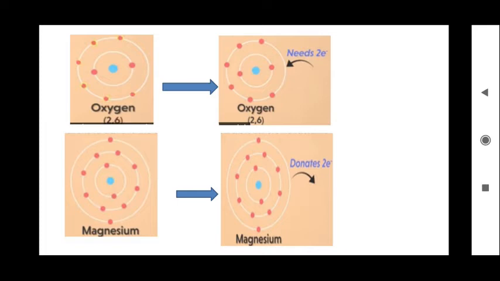Then what is the valency? Valency will be 2, because as I have said, it requires 8 electrons to attain stability. Out of 8 electrons, it already has 6, so it needs 2 more electrons to attain stability. Hence the valency of oxygen will be 2.